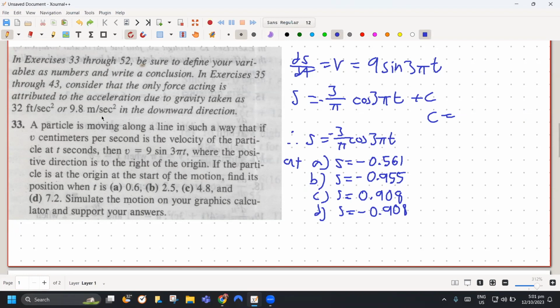Meron po siyang exact value. When t equals 0, ano ba yung cosine of 3 pi t? Okay, sige po. So, negative 3 over pi. Yan.